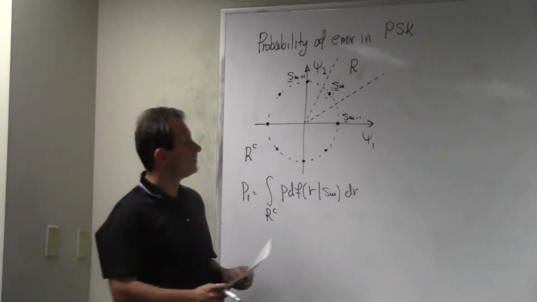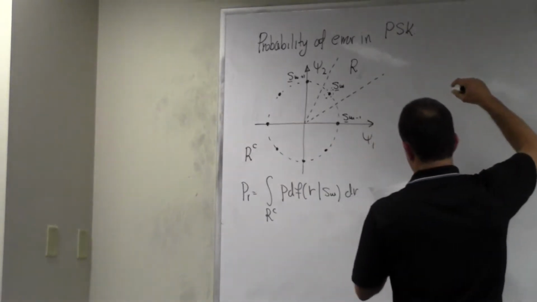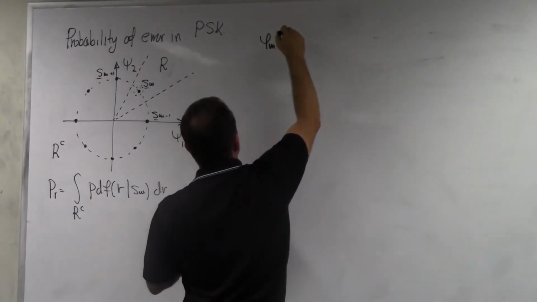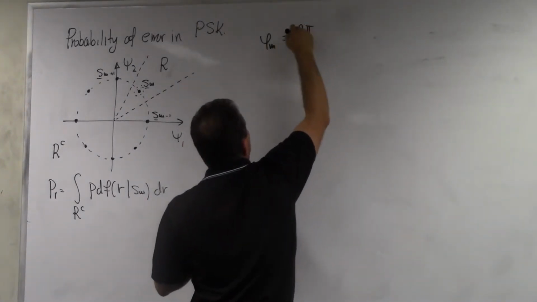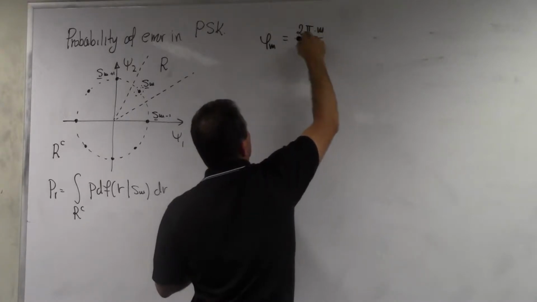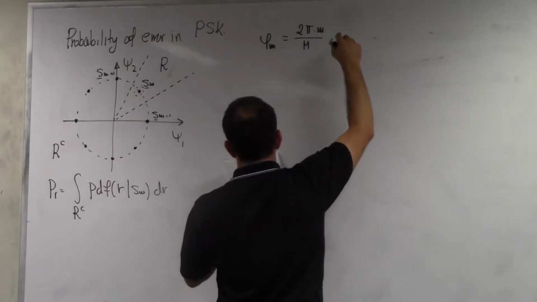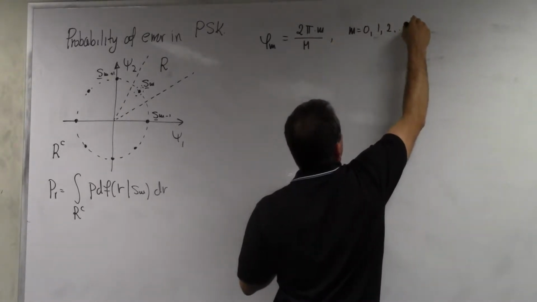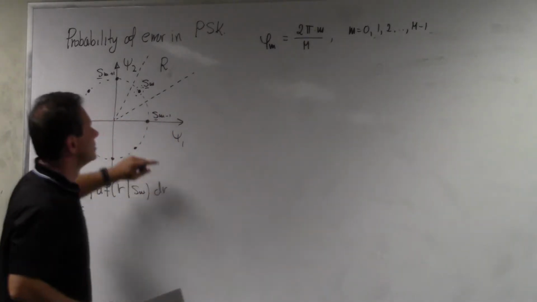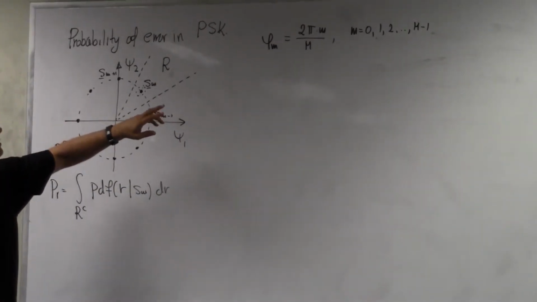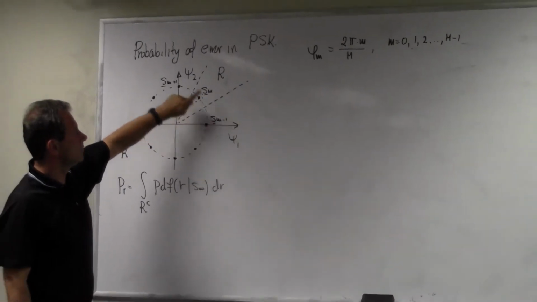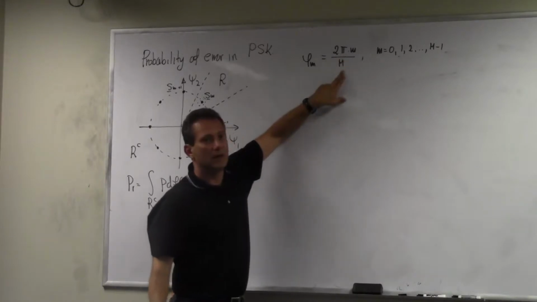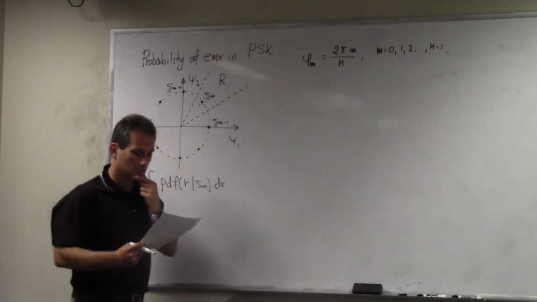Okay, so let's remember a couple of things here. Phi m is equal to 2 pi m over capital M, where m is equal to 0, 1, 2, all the way to M minus 1. So if it's an M-level PSK, then you're going to have M different angles that are all separated by 2 pi over M, where M is the total number of symbols in your constellation.